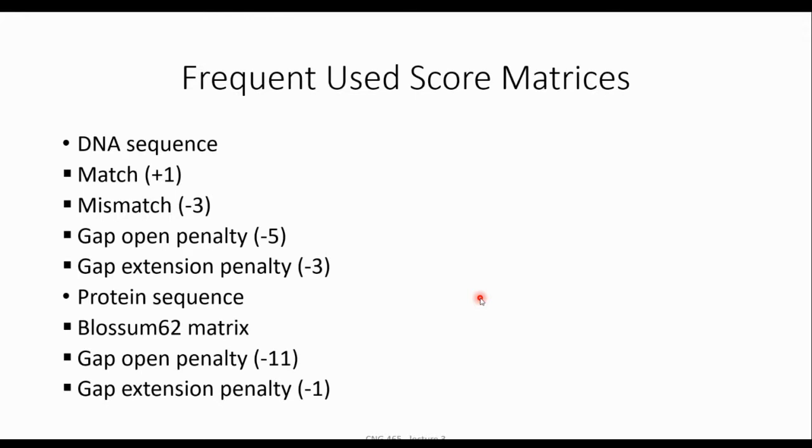That's the reason. And take a look at this one. Gap open penalty is -11 for protein sequence, but for DNA, we had -5 for that. For both of them, in the extension gap penalty, we have a smaller penalty value compared to the new gap one, which is normal.